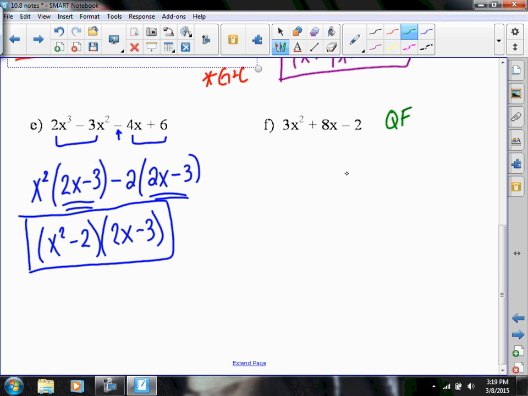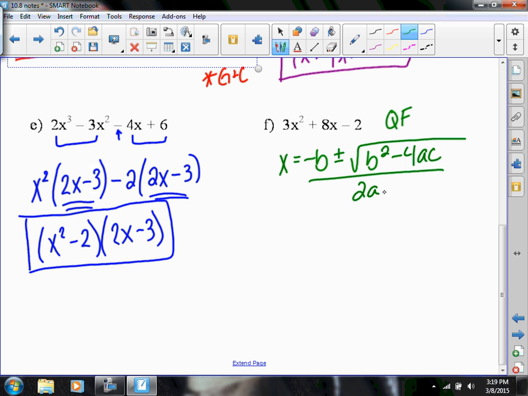Now remember, for the quadratic formula, we had our equation x equals opposite b plus or minus the square root of b squared minus 4ac all over 2a. So my first term is the a term, my second term is the b term, my third term is the c term.